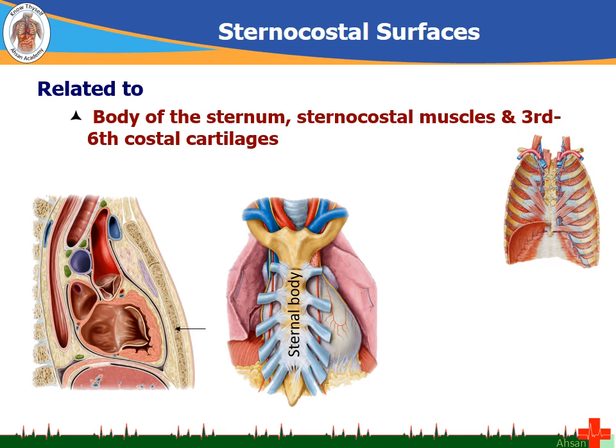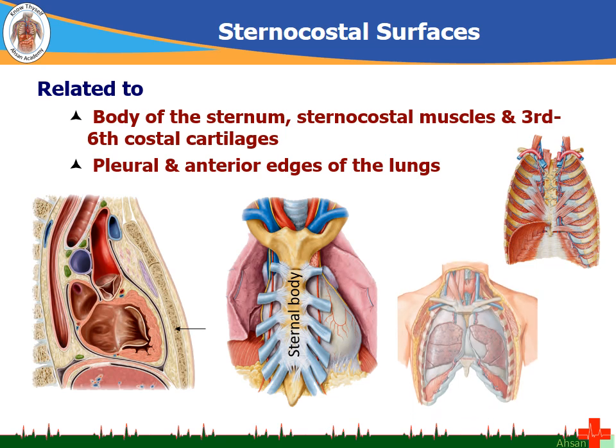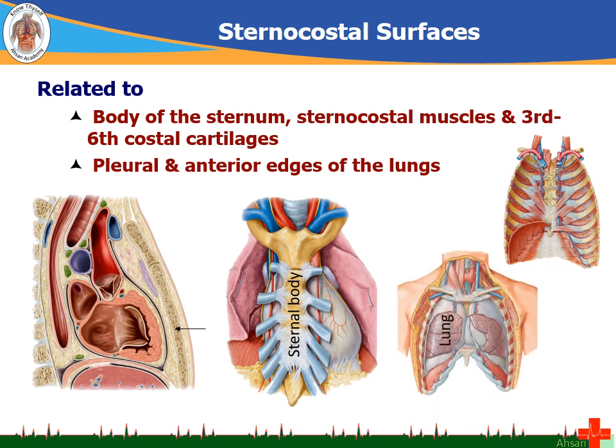In the upper right figure, you can see the sternocostal surface gives attachment to the sternocostal muscles, so that remains in front of the sternocostal surface of the heart. In the right lower figure you can see the long anterior border, covered by pleura, whose anterior edge overlaps the sternocostal surface, keeping a central area free.